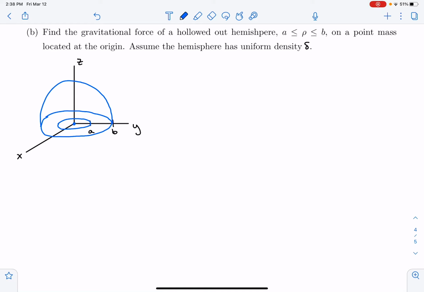And I think the first thing that you have to do with this problem is understand that this point mass is going to feel a gravitational force only in the z direction. So if this hollowed out hemisphere is a large mass, then it should pull the point mass up into that hemisphere.